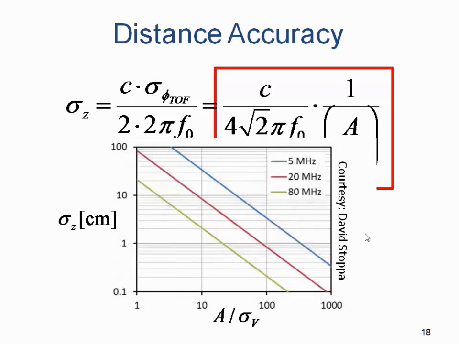So with the highest possible frequency, you can get the best possible error, given that you have a sufficiently high ratio A over sigma V. This is essentially carving out the specifications we need for our detectors. On the one hand, we need a very high signal-to-noise ratio, and at the same time, we need a very high frequency.